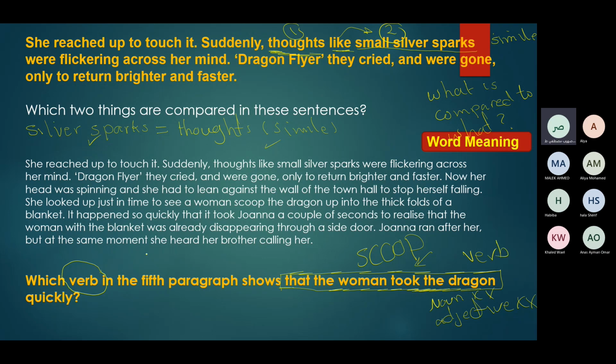So please be strict when you answer. Understand what exactly the question is asking you. If it asks you about a word, give one word. Two words, give two words. A phrase, give one phrase. Complete sentence, give a complete sentence. Stick to the question.